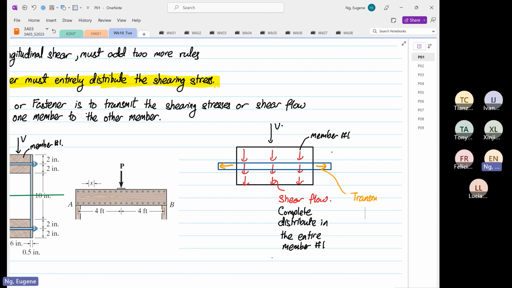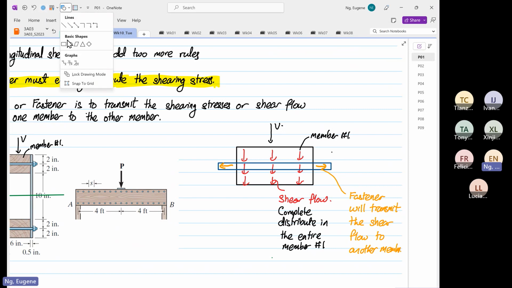The fastener will transmit the shear flow to another member. Then after transmitting, it will go to the vertical web.